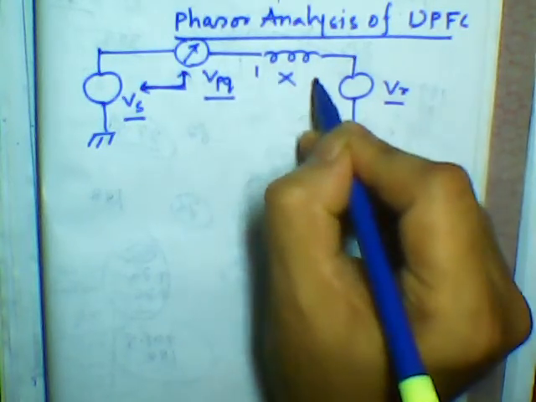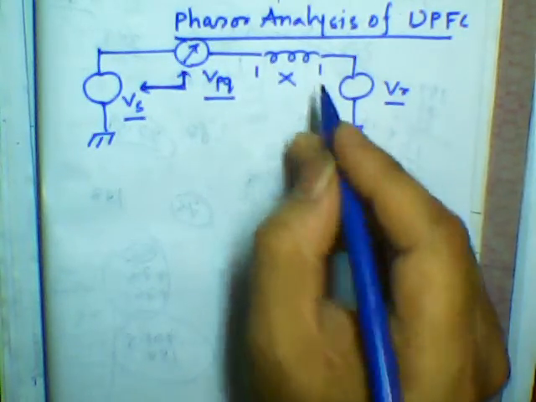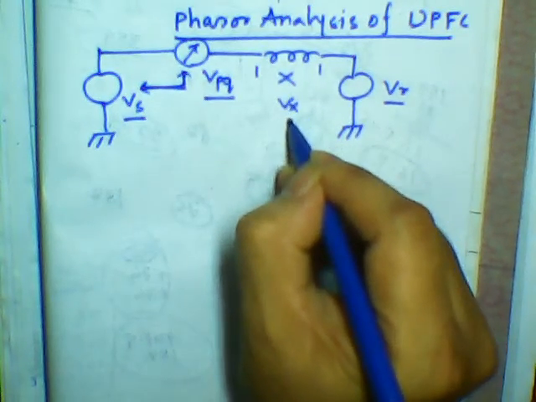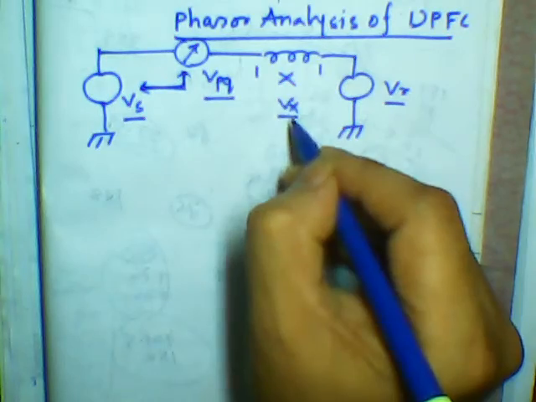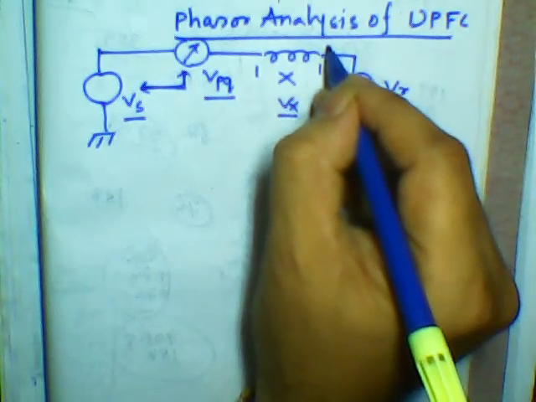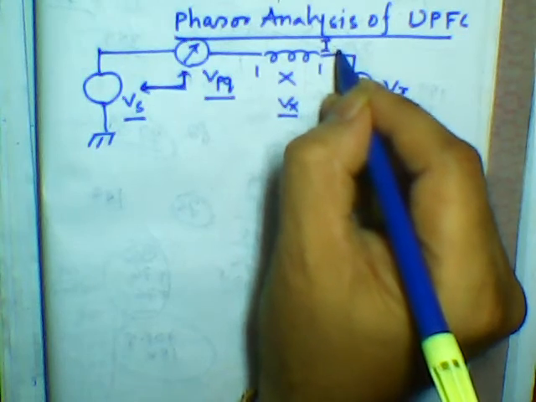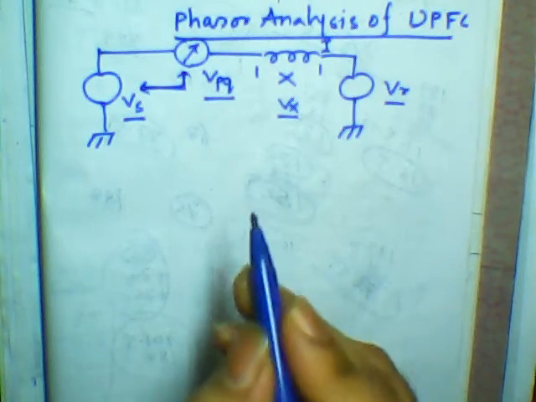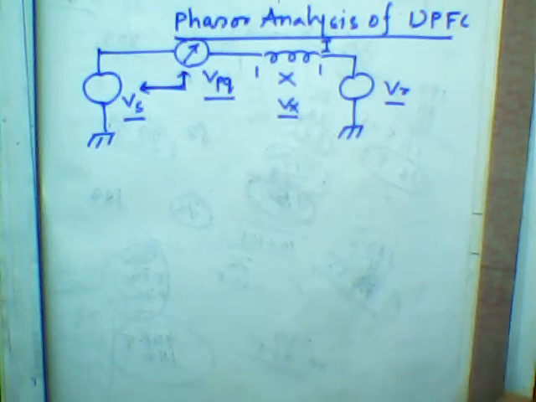And the voltage drop across the line is Vx, and all of these are complex powers, so it's a vector, and the current flowing through the line is I.